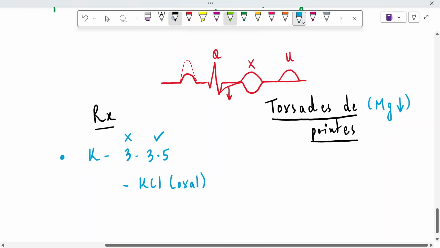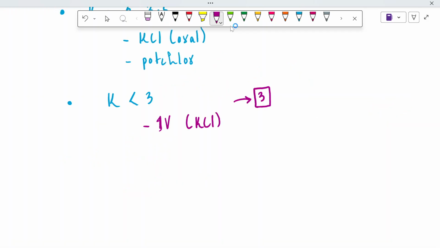We just want to correct the potassium until 3, and then we can shift the patient to oral supplements. We are not correcting potassium from, for example, 2.2 to 4 or 2.2 to 5. We are just trying to make the person comfortable from 2.2 to 3, and then we will disconnect the IV line and ask the patient to take oral potassium chloride. And this potassium chloride in case of IV should be given slowly in the form of an infusion.